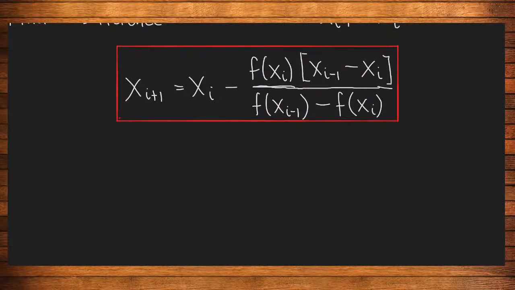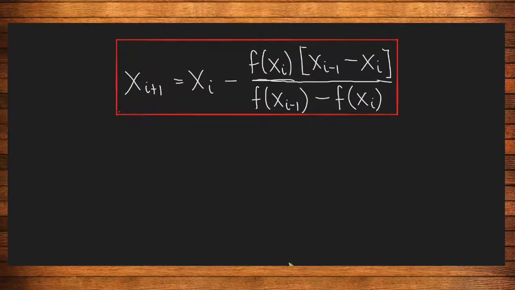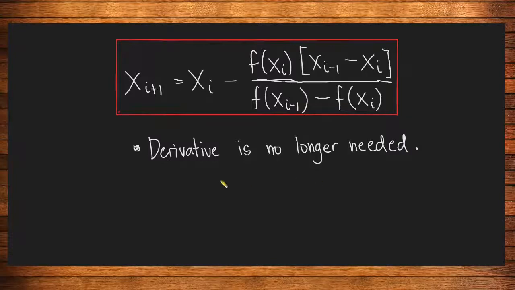Again, makikita nyo dito, walang derivatives. Okay? So hindi na natin kailangang kunin yung derivative ng given function. So ito yung kagandahan ng secant method. Again, kasi merong mga formulas or function na minsan mahirap kunin yung derivatives niya. So this method, secant method, is easier to use than the Newton-Raphson method.